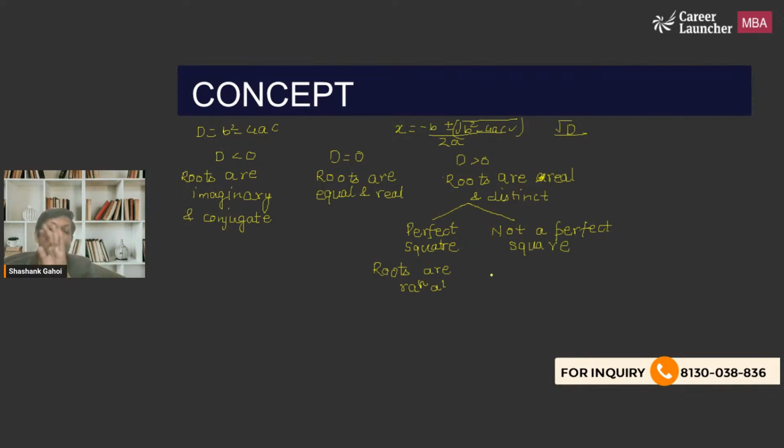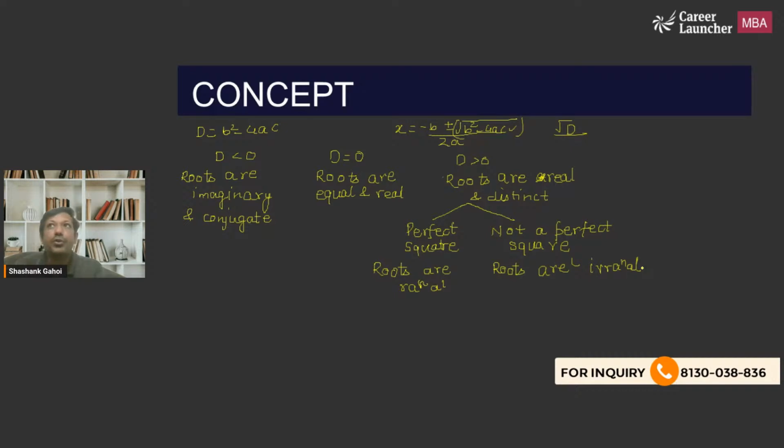Square root of a number that is not a perfect square, it means I'm going to get some irrational number, right? So basically here I can say that roots are irrational.